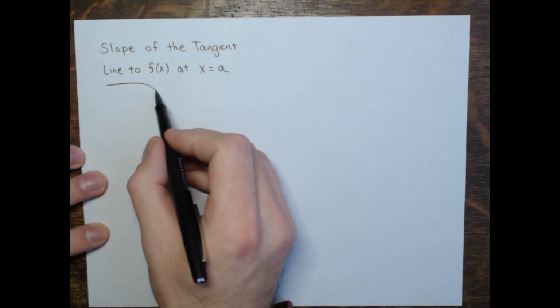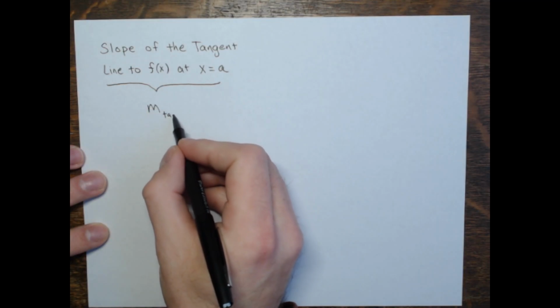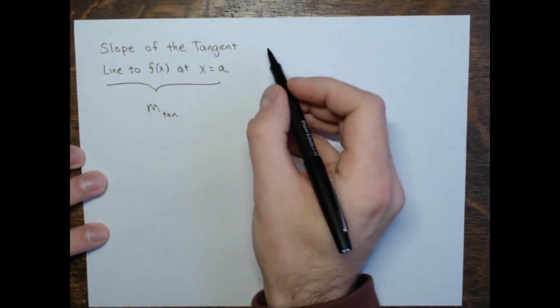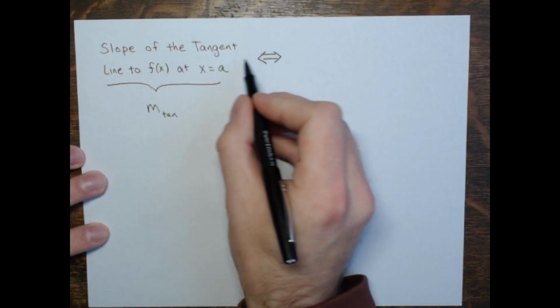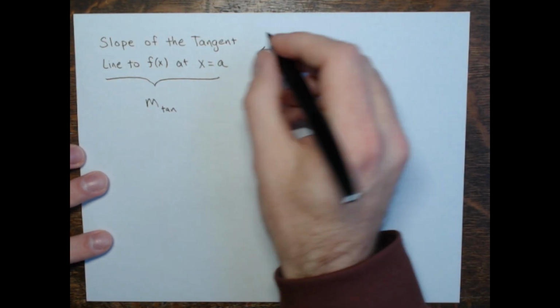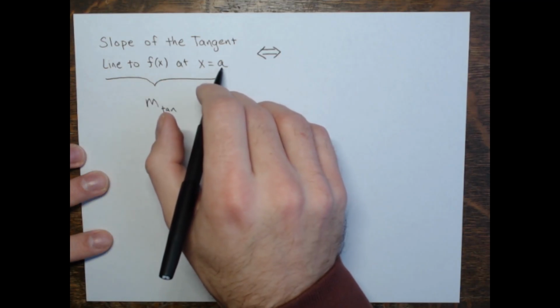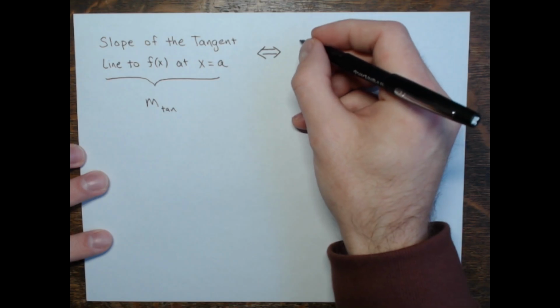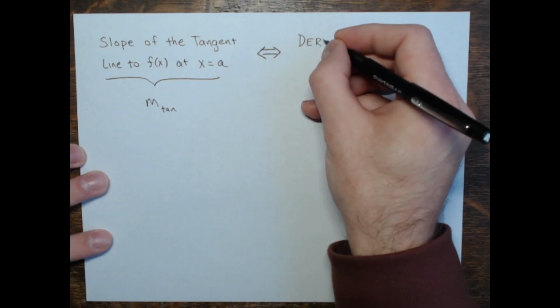So again, before we were calling this m sub tangent, it means exactly the same thing, right? These are interchangeable. So when they ask you for the slope of the tangent line to a curve at some point, it's the same thing as asking for the derivative.